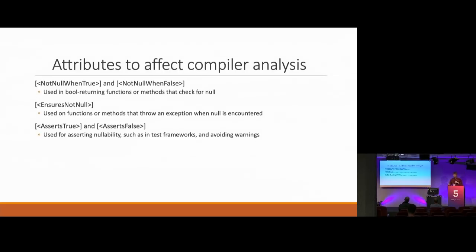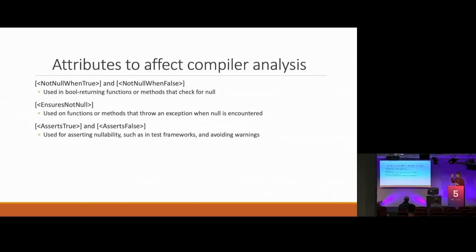That same function could have the not null when true attribute applied to it. The compiler could read that and say, if this succeeds, then whatever was passed in is not going to be null, so I can assume it's non-null from that point forward. That's a way we can get around that, and it's going to be helpful for library authors, framework authors, that sort of thing.